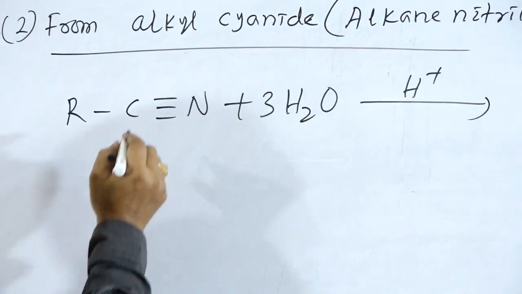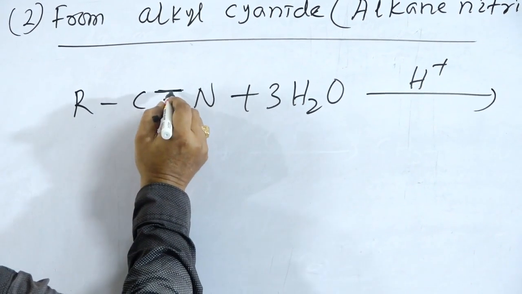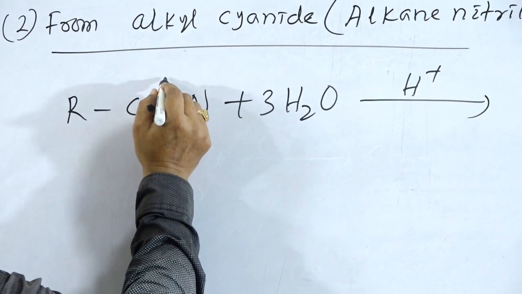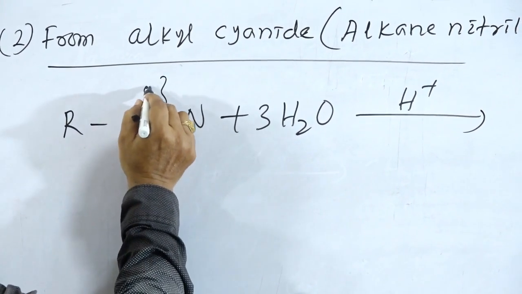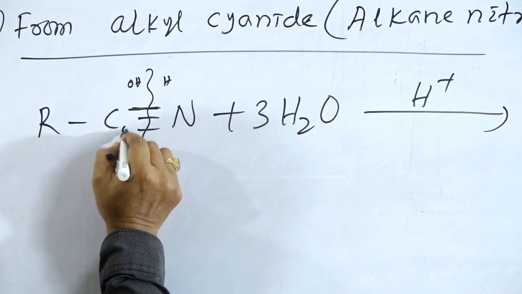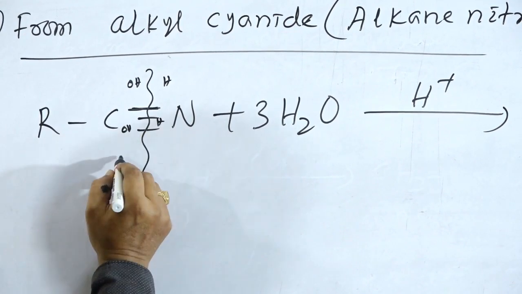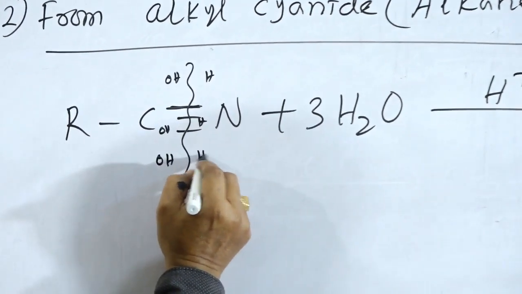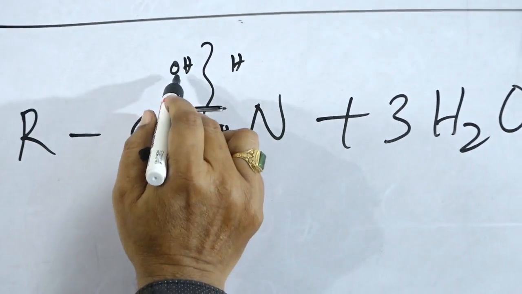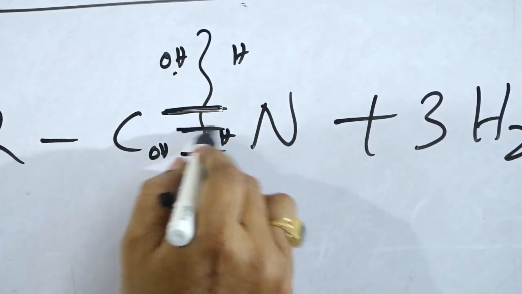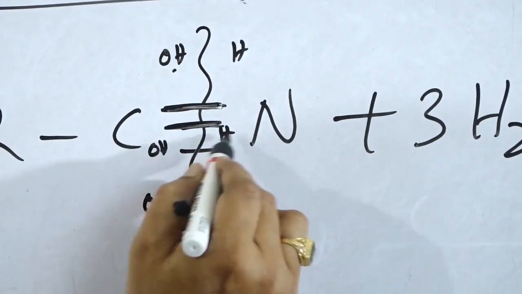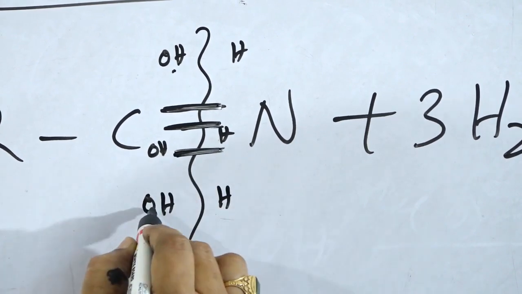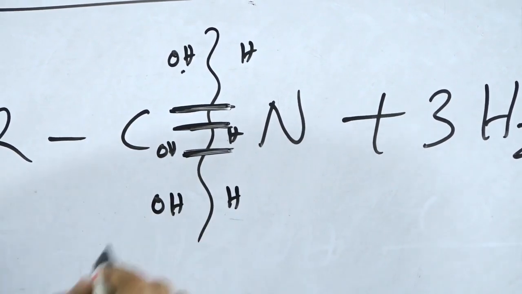Mark it: these bonds will break by the addition of water, that is OH, H. This bond will break by the addition of water, OH H, another bond will break by the addition of water, OH H, and again another bond by the addition of water, OH H.